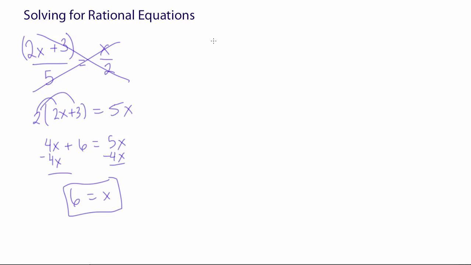Let's try a new one. 2x plus 3 over 2 plus 1 over 3 equals 5 over 4. Again, it's the same setup where you have to combine like terms, and these two fractions right here you can combine. It depends on how you want to do it. Let's do it kind of like an old-fashioned way. Let's subtract 1 over 3 here. So I'm going to have to subtract these fractions.